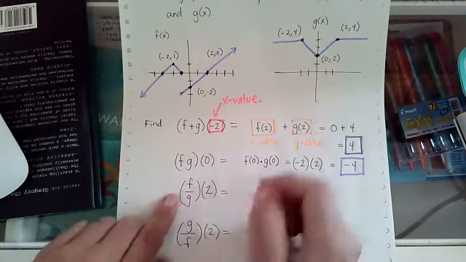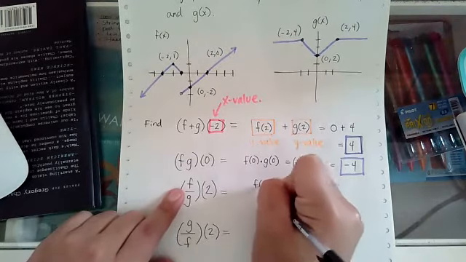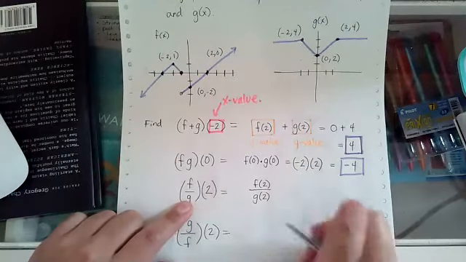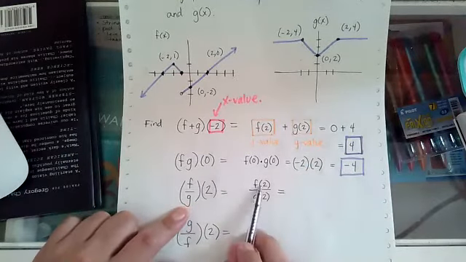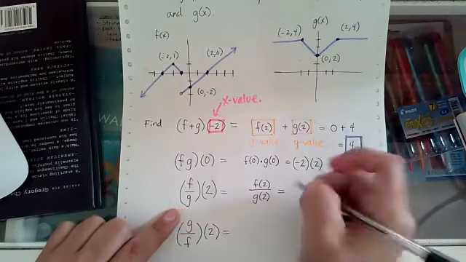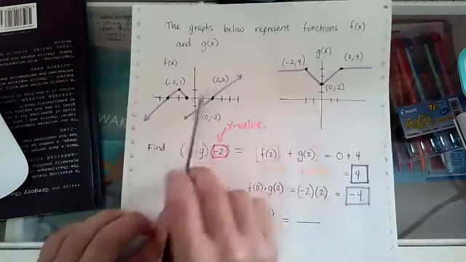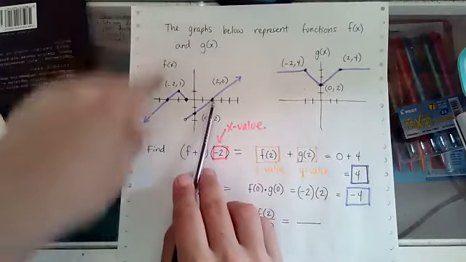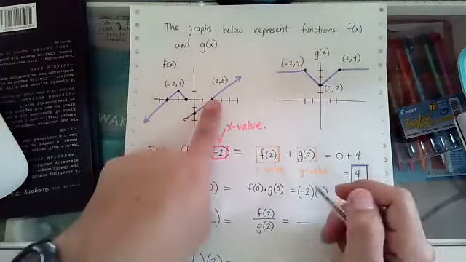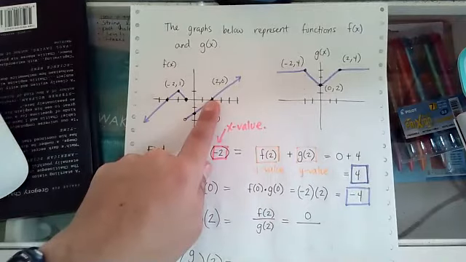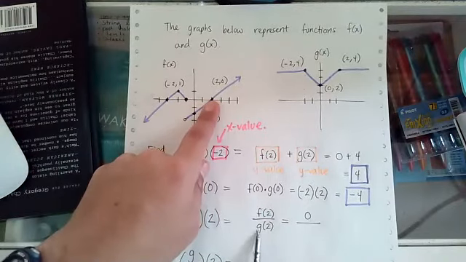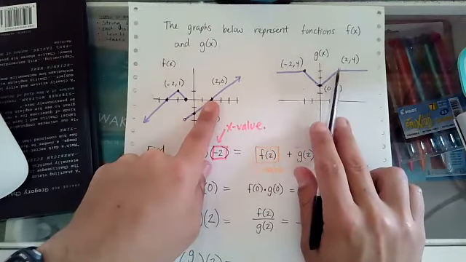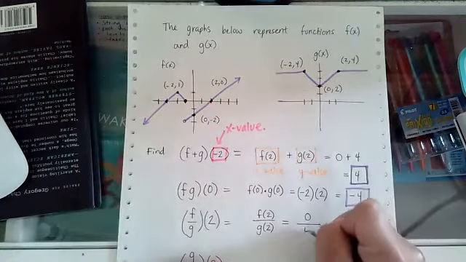So I always say that, okay, this should just be f evaluated at 2 over g of 2. And then I'll go and find what f of 2 is supposed to be. So if I go over to 2 and I get the y value here, that should be 0. If I go to g of 2, go over 2 and up 4, that's the value of g of 2, 4.